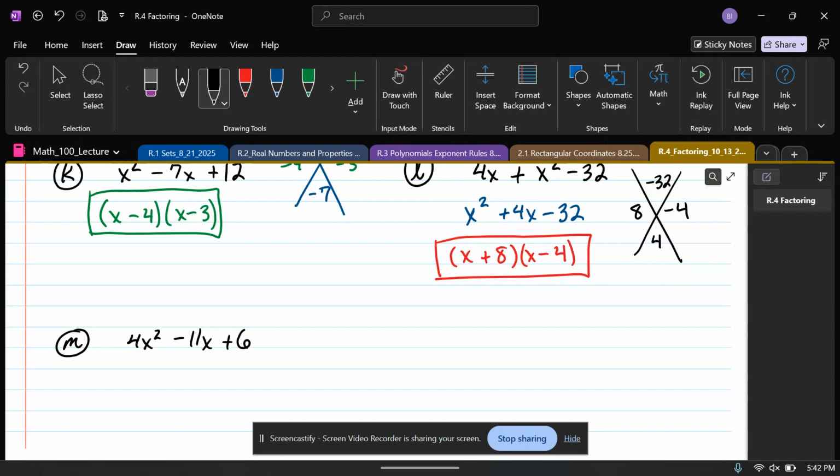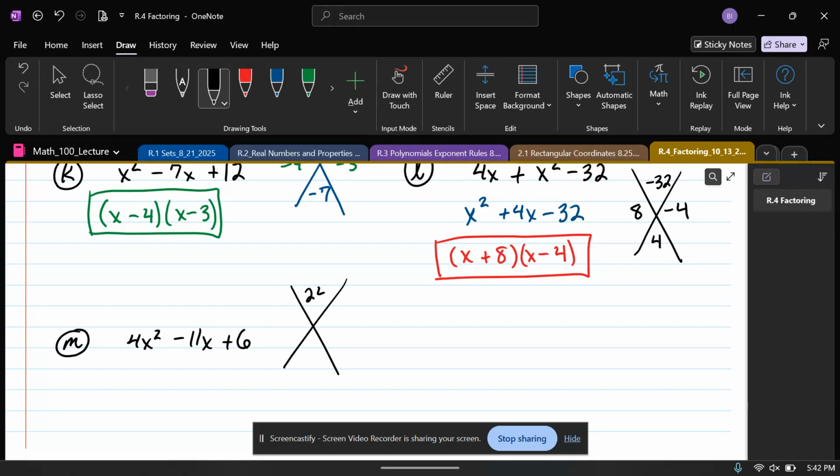Do we have a GCF here? No. The 11 screws it up. Is it in the right order? Yes. What method should I use? The X method. So we're going to multiply A times C, the front times the back, to get the top number. What's on top?